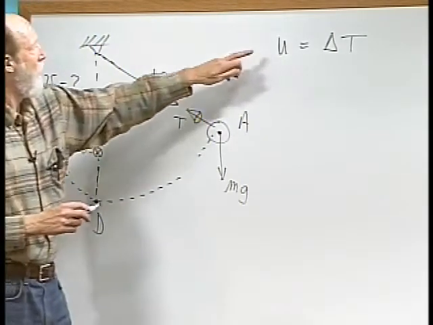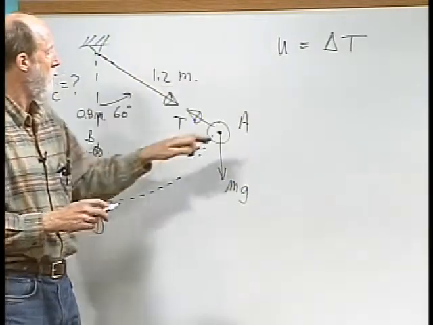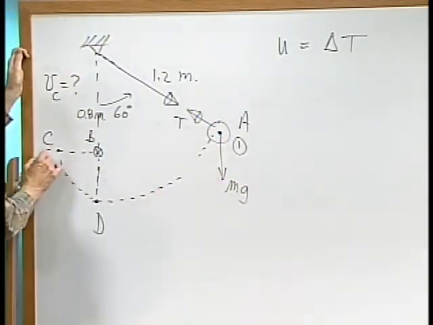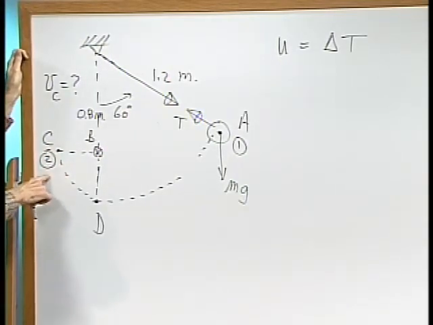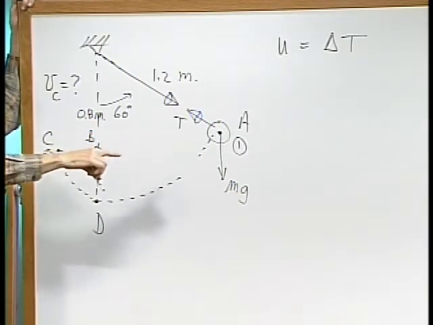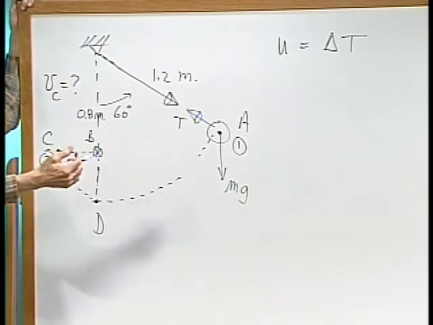So, we want the work done in the particle moving from this position, we'll call it 1, to this position called 2. The work done by the active forces. What are the active forces? What forces do work? mg.